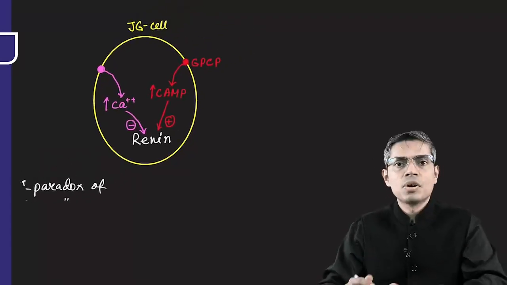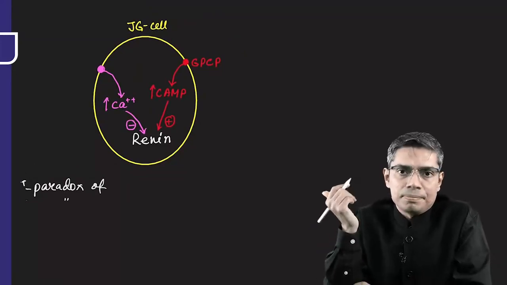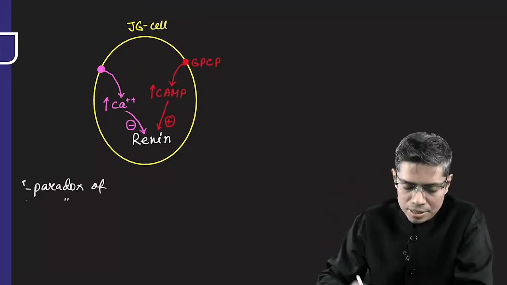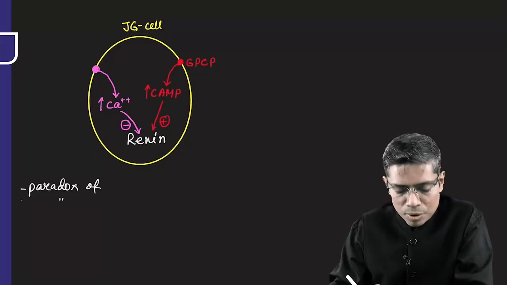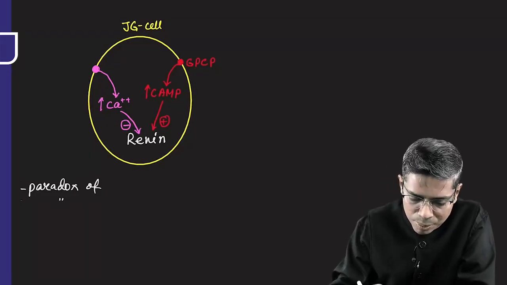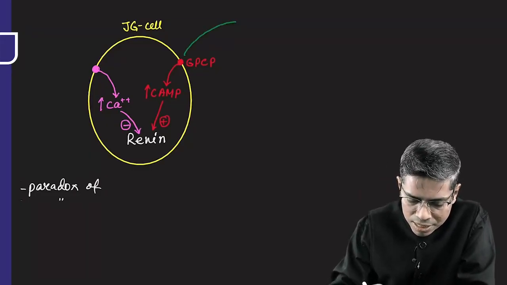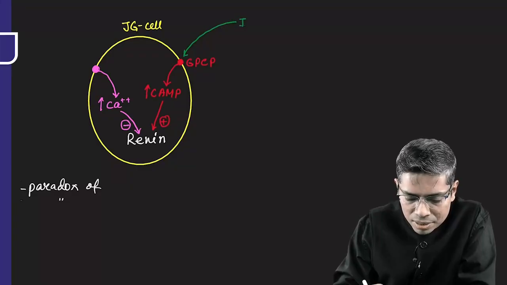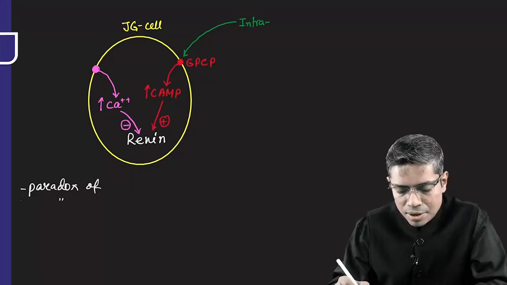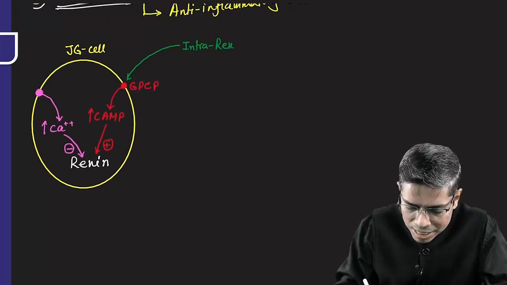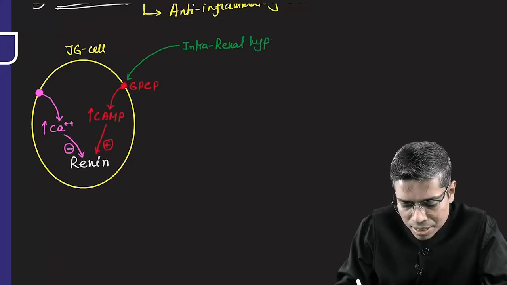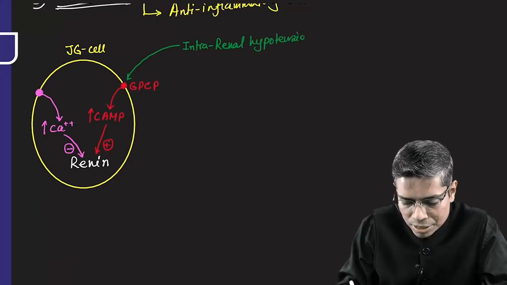Now the question is, who will increase the cAMP? What are the stimuli for this G protein coupled receptor? Remember, the first and foremost important thing is intrarenal hypotension.